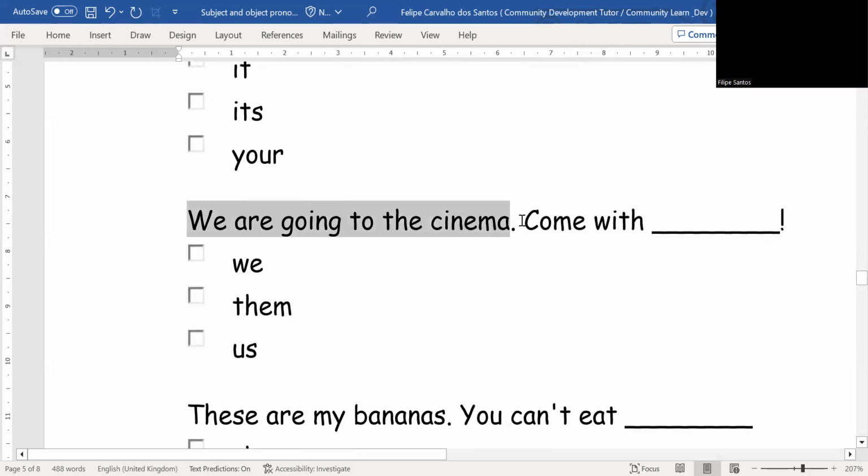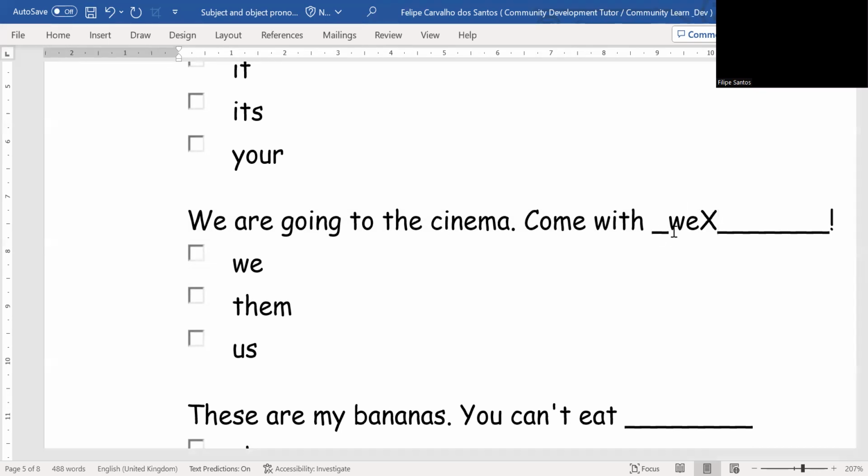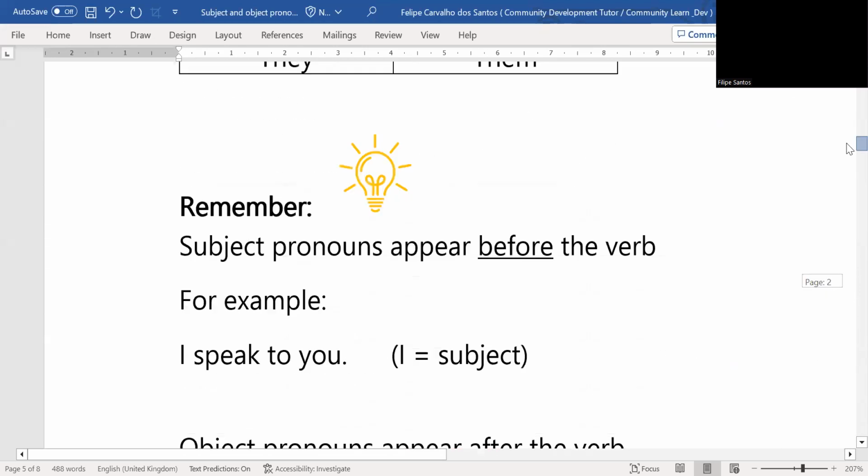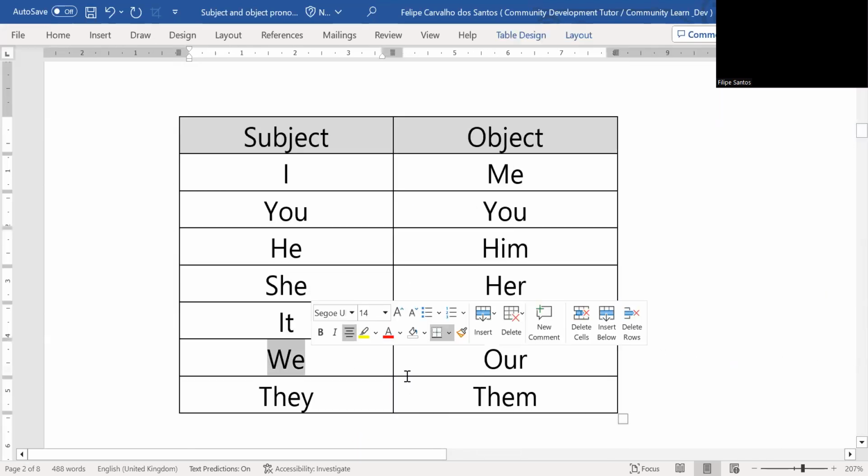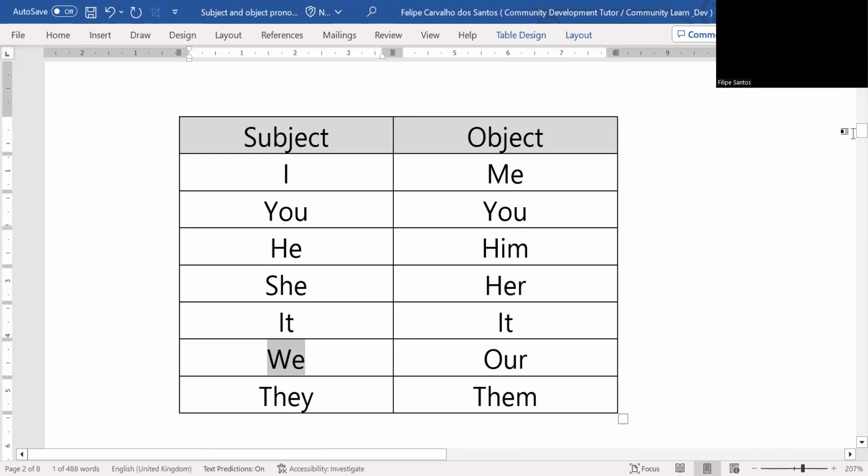We are going to the cinema. Come with. Okay, what do we use? Well, can I say come with we? No, I can't say that. Why? Because we have to put the object. Sorry, I forgot to put us here.